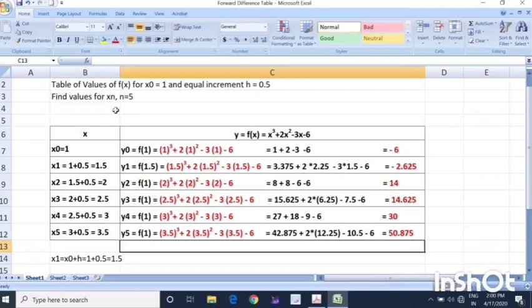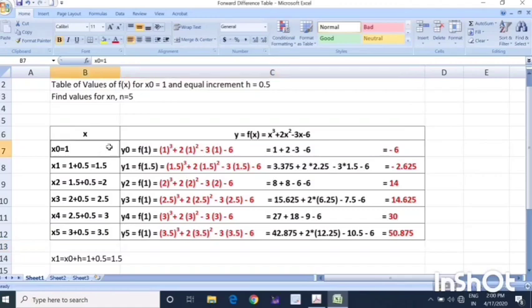If you count all these numbers, how many values are there? This is 1, 2, 3, 4, 5, 6. So in total there are 6 values, and we get 6 corresponding values of y. These are called the values of a function at equally spaced values of x. Why are these equally spaced?